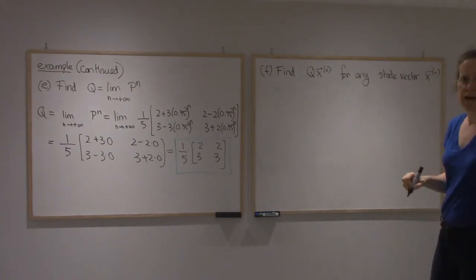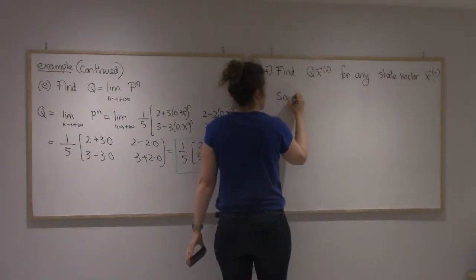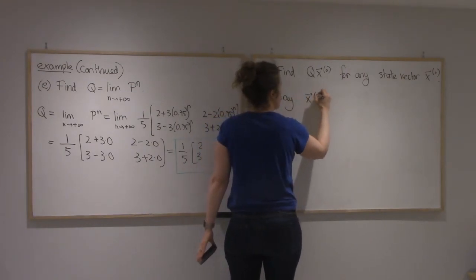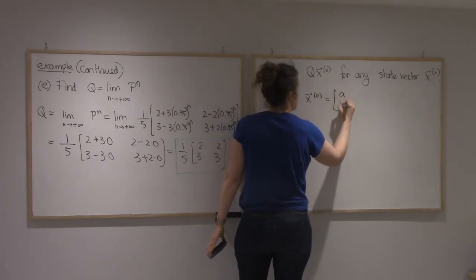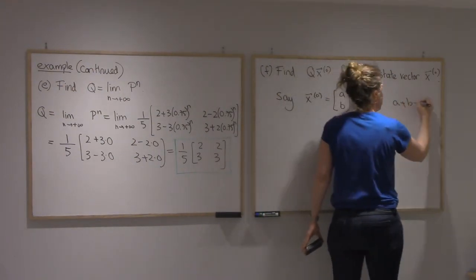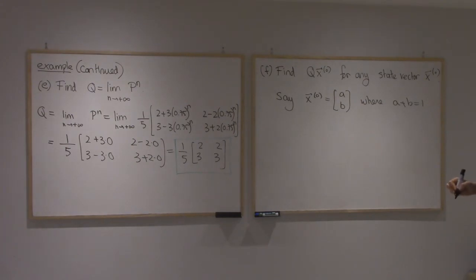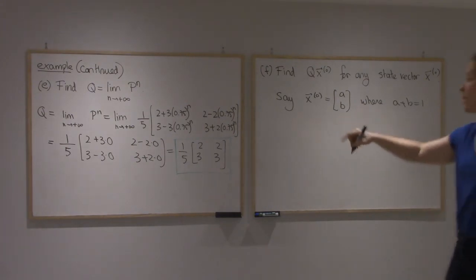That means the sum of its components is 1. So say x0 is (A, B), where A plus B is 1. Since it's a probability vector, the total sum should be 1. It's 100% probability. I'm going to apply Q to it.